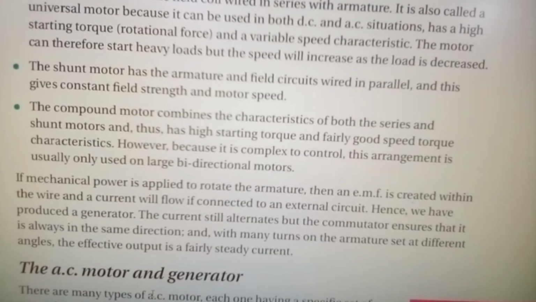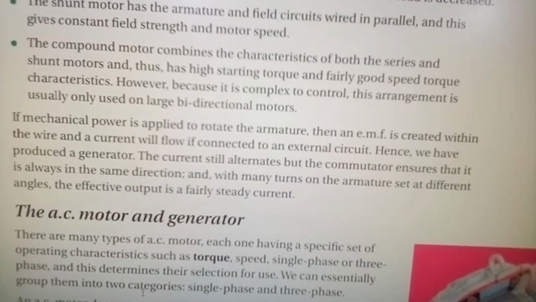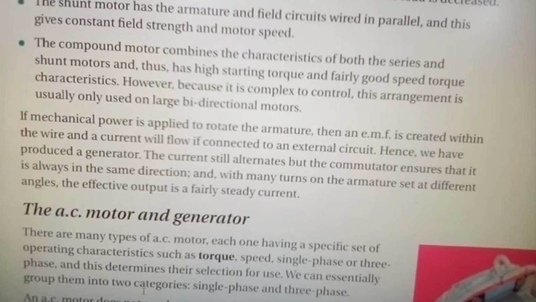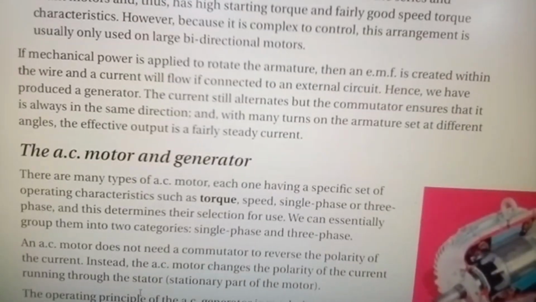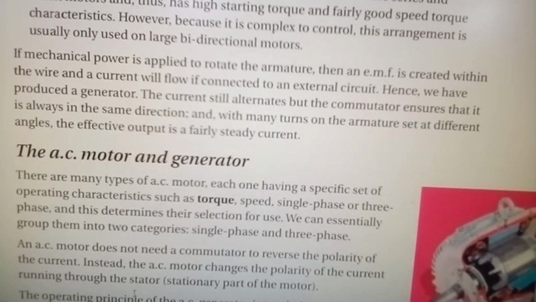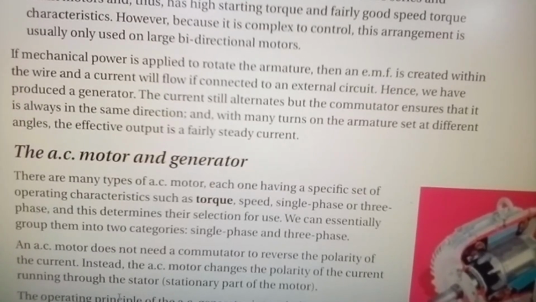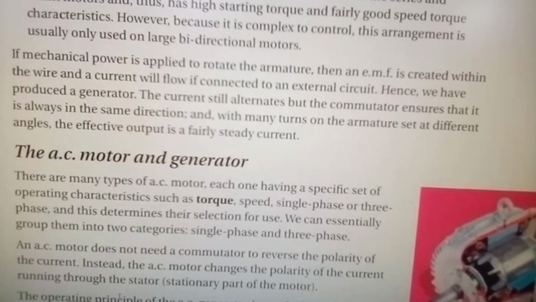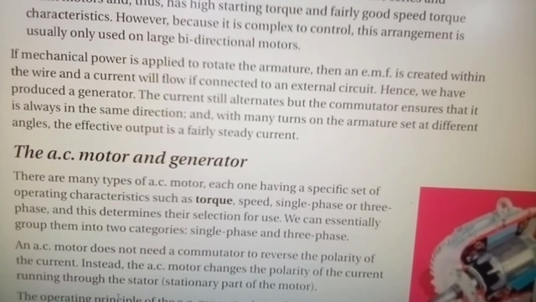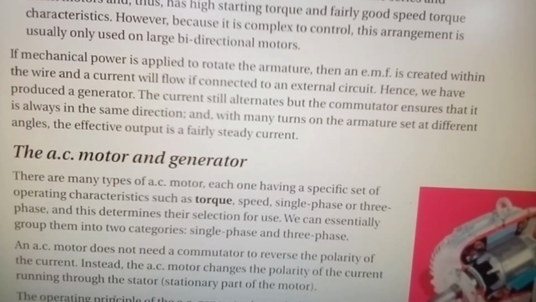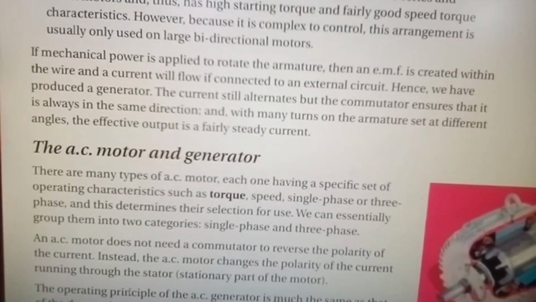Again here I'm not reading this out to you, you can read this for yourselves. That is quite comprehensible. The AC motor and generator: there are many types of AC motors, each one having a specific set of operating characteristics such as torque, speed, single phase or three phase.